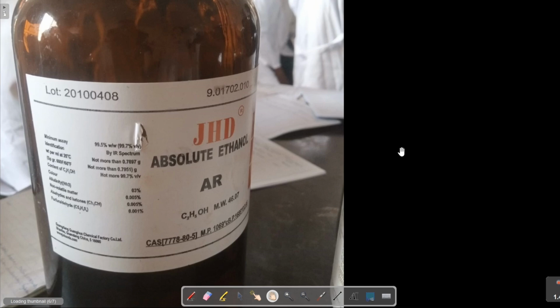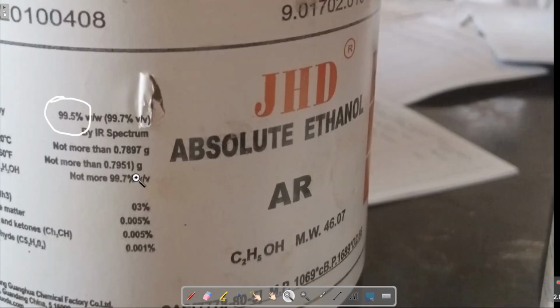So here is a simple one for you to try. I want you to try this, then leave the answer in the comment section below. So this is absolute ethanol, and you have the concentration here to be 99.5% weight by weight, and the specific gravity to be 0.7897.